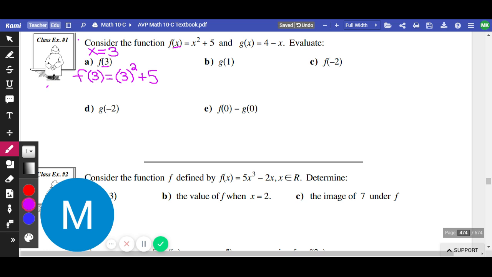X is our input value. That means we need to calculate what our output value is. You only calculate this side. When you put that in your calculator, so bracket 3, bracket squared plus 5, you're going to get 14.